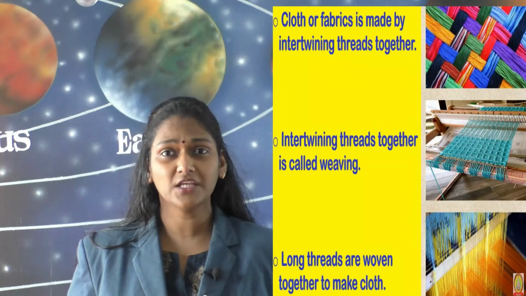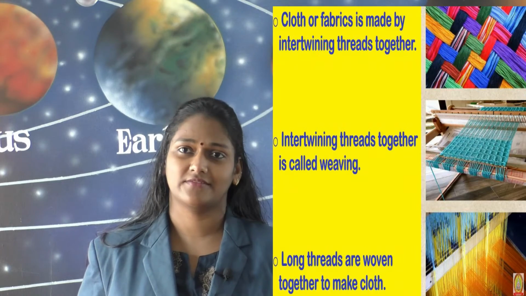And now, let us see how cloth is made. A cloth or fabric is made by intertwining threads together. And now, let me tell you the meaning of intertwining.